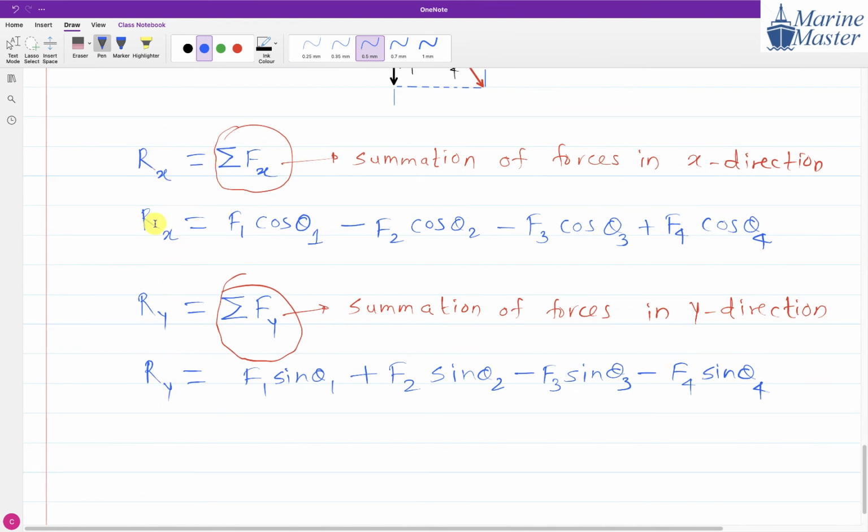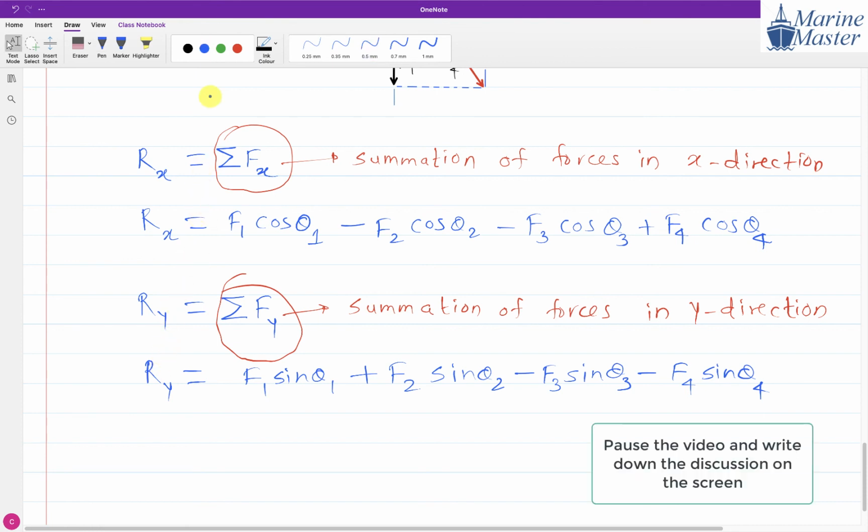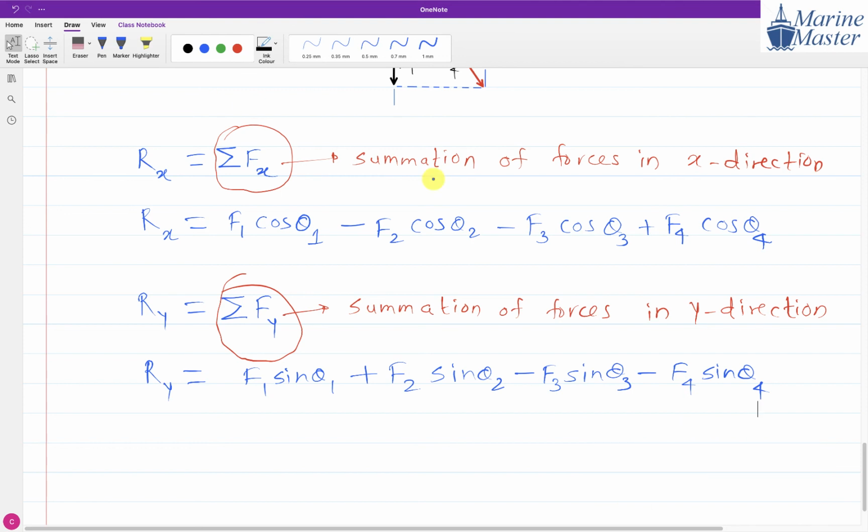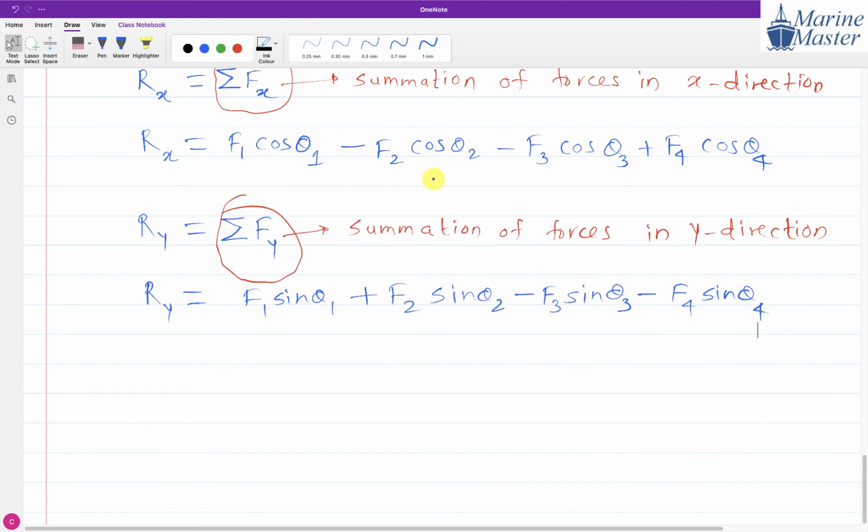So before going further, try to write down all this discussion of Rx and Ry. Yes, sir. So we got the Rx, we got the Ry. Now our target is what we have to find out, sir?